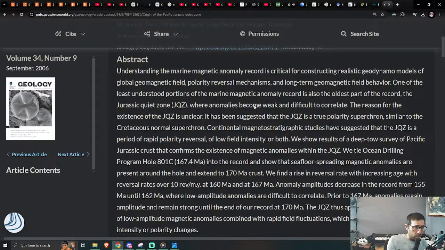So it seems the Jurassic Quiet Zone is when that first started happening, and in that time, at least ignoring the Mediterranean, I guess, and the Tethys. So it's really not when it started, it's just when it started on a different scale, almost like a chain reaction.